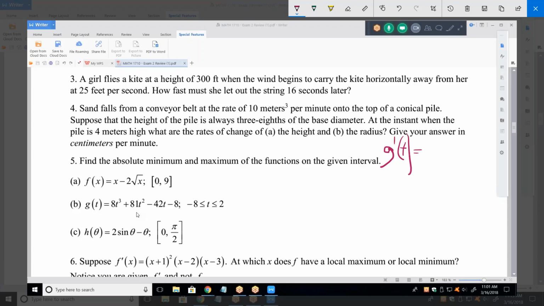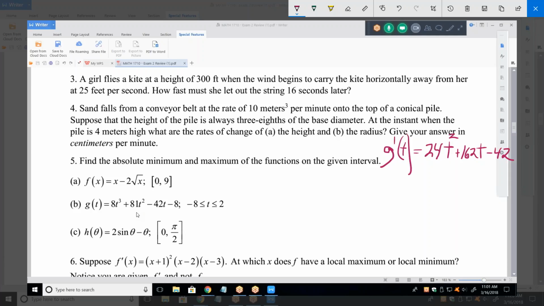It's 24t squared plus 162, excuse me. Yes. No, you're right. It is 162t minus 42.